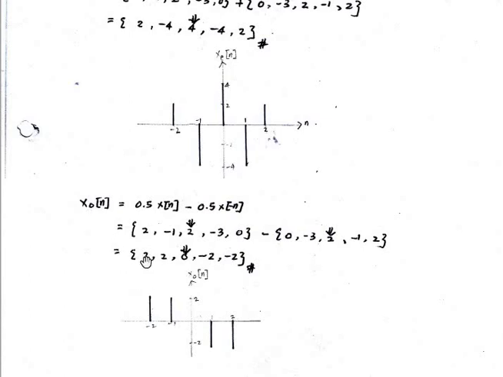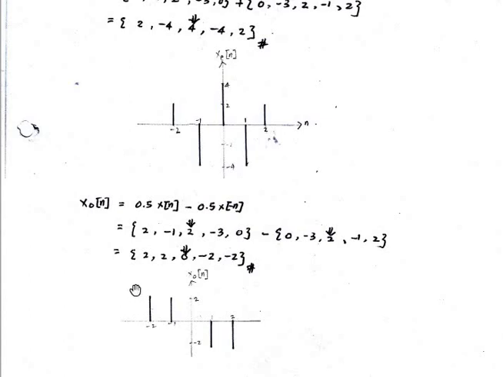Next we look at the odd signal. We plot 2, 2, 0, negative 2, negative 2. After you plot, what can you see? You can find that the left-hand side signal is asymmetric with the right-hand side. This is because it's odd symmetric.